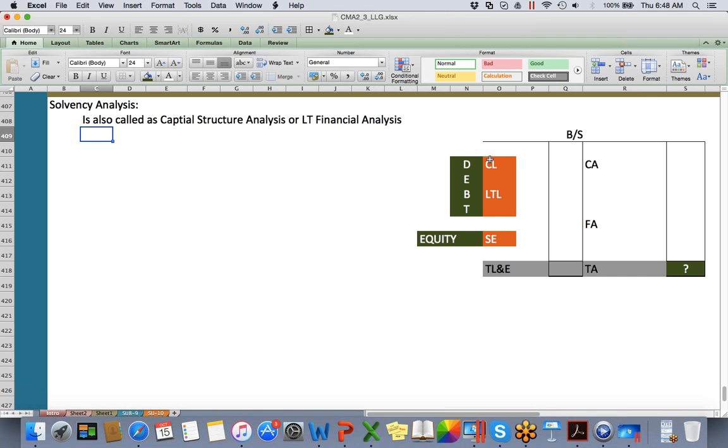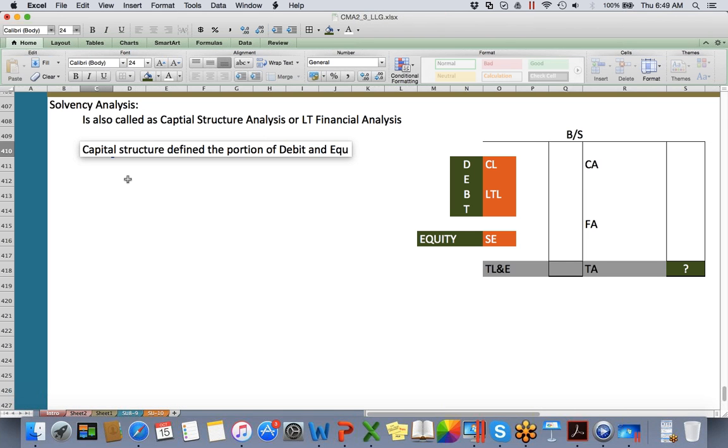A capital structure means the portions of debt capital and equity capital invested in total assets. Capital structure defines the portion of debt and equity capital invested in the total assets.